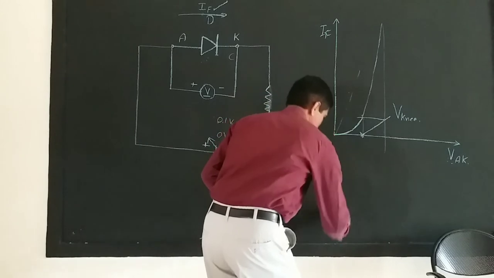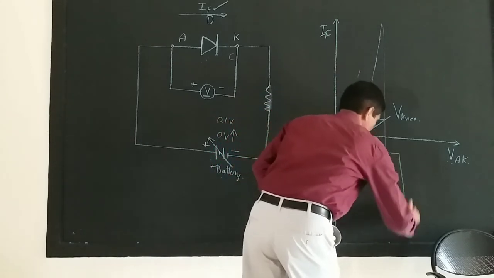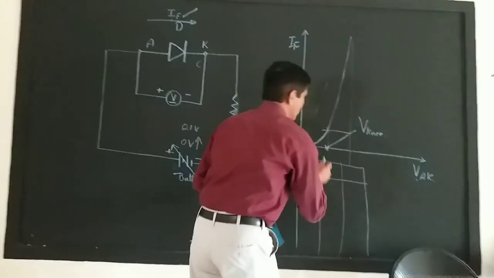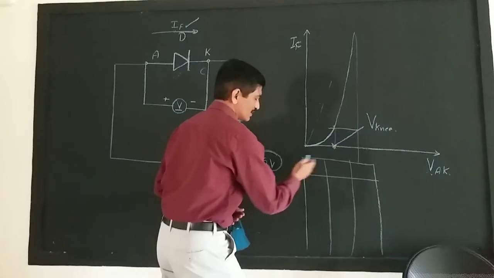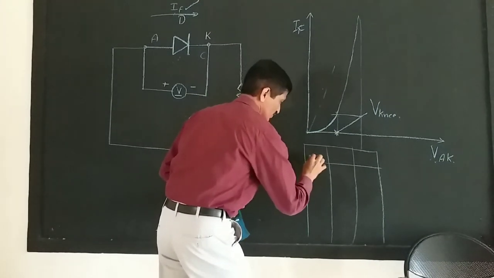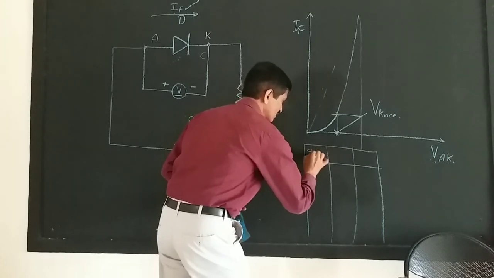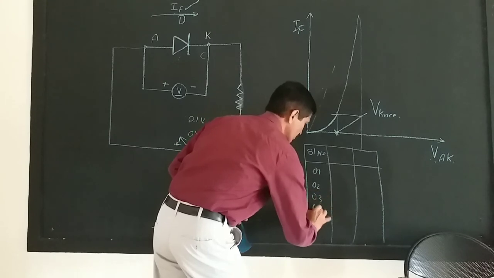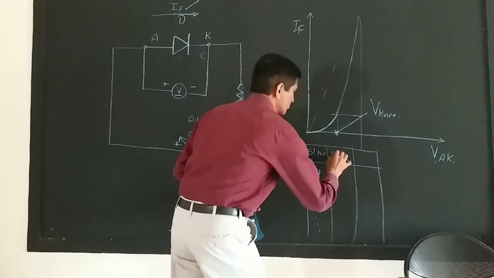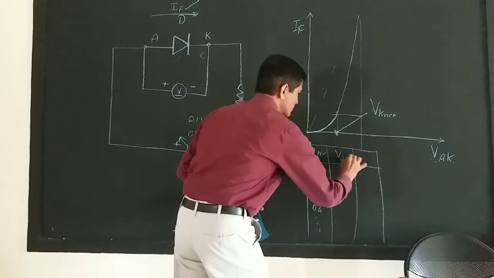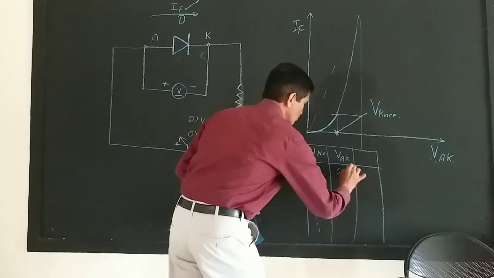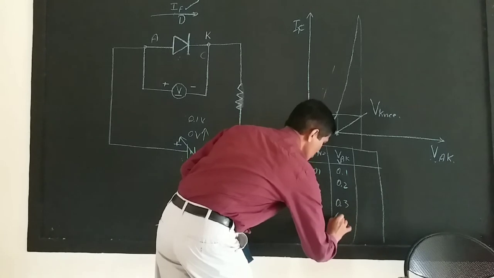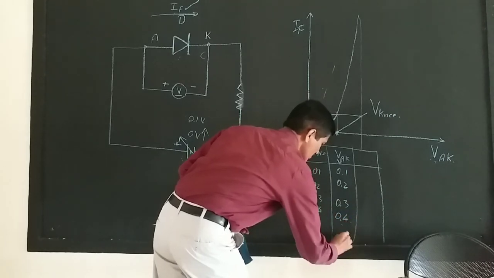Definitely, we record the step-by-step variations and plot the graph in a tabular column manner. Say the serial numbers here 1, 2, 3, 4 and so on. We'll have the voltage between anode and cathode in steps of 0.1 volts, 0.2 volts, 0.3 volts, 0.4 volts and so on.